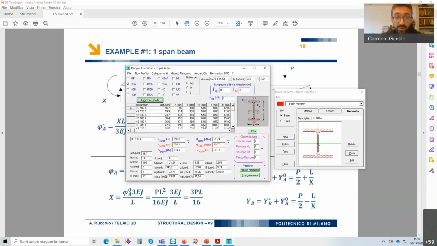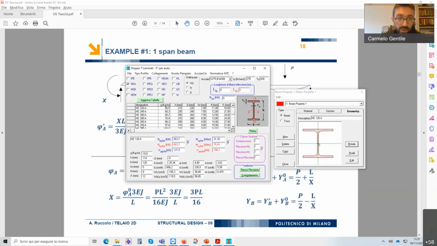The table changes because now it is listing only HEA profiles. We can see that the cross-section changes because it reminds of a capital H rotated. Okay? Because the flanges are much wider than before. That's why it's called HEA, because it reminds of a capital H.